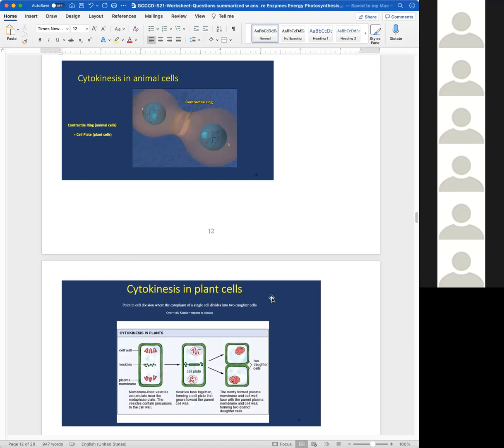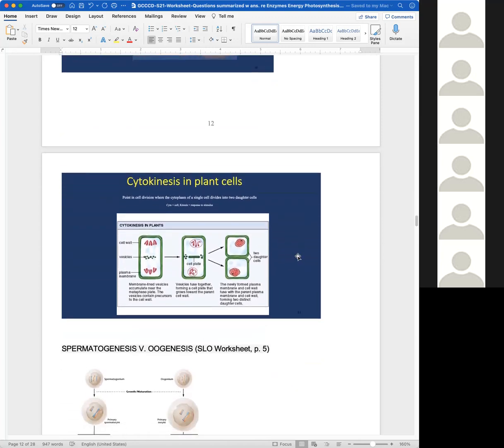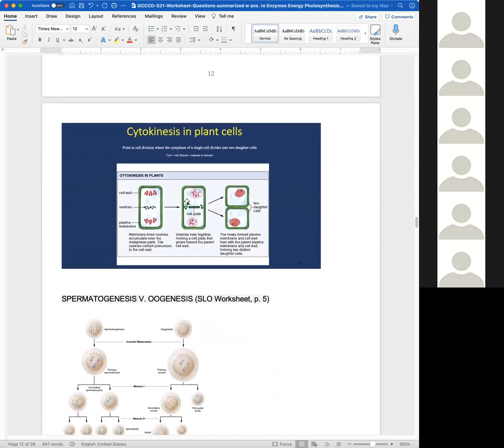Well, that can't happen in plant cells because of the cell wall. So the way it happens in plant cells is that there are little vesicles containing polymers, which are components of the cell wall. And these vesicles fuse to form what's known as a cell plate, which is a piece of cell wall, and then that in the end fuses to the cell wall itself in order to form two daughter cells.